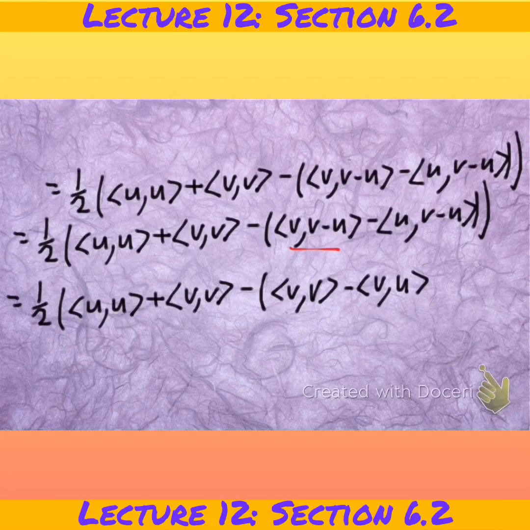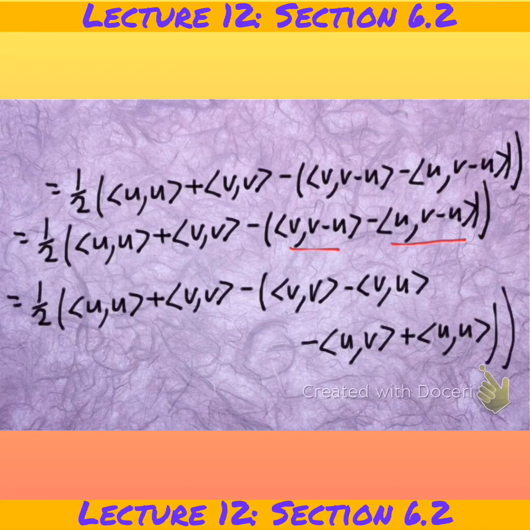Now we can replace this term with the inner product of u with v minus that, together with minus the inner product of u with minus u, and that becomes plus the inner product of u with itself.